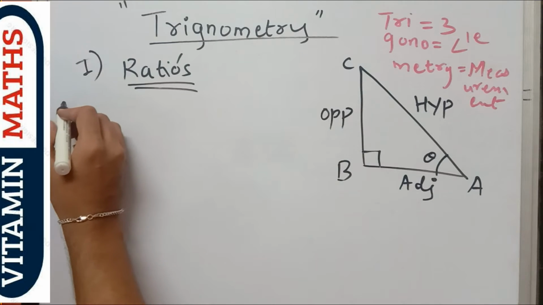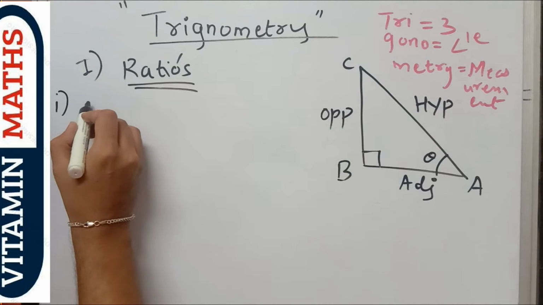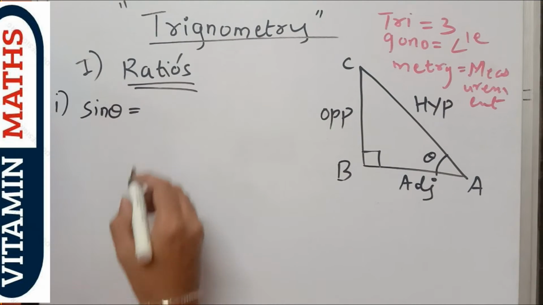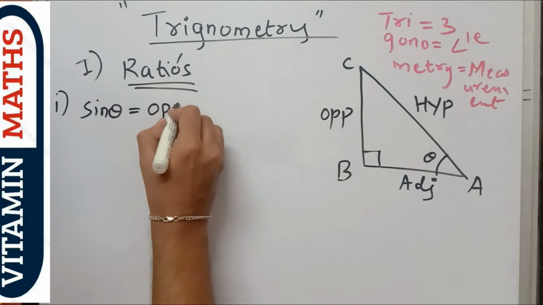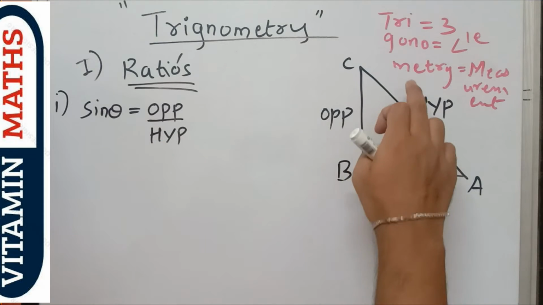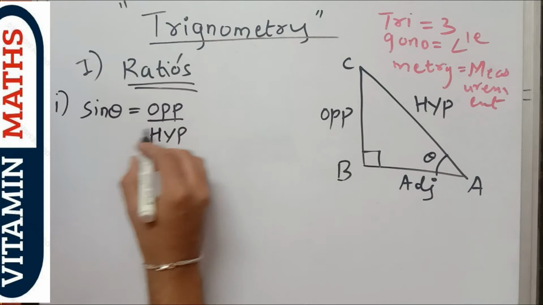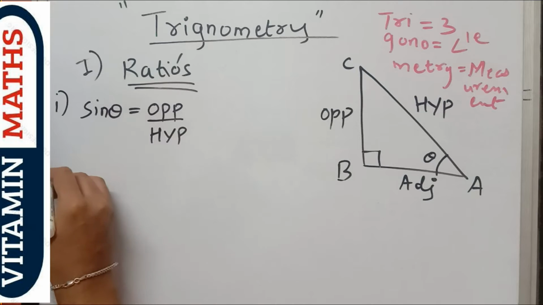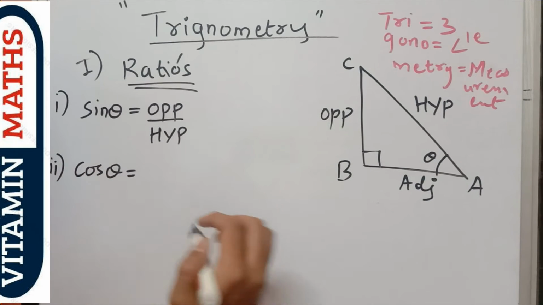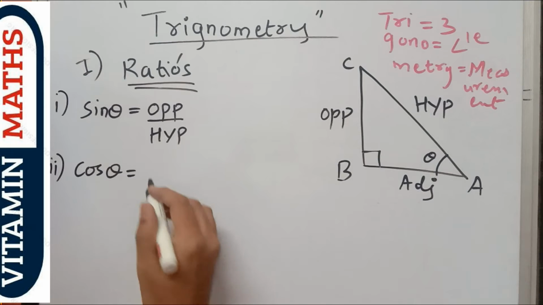First let us see the first trigonometric ratio, that is sine theta. Sine theta is equal to opposite upon hypotenuse. Second one is cos theta. Cos theta is equal to adjacent upon hypotenuse.